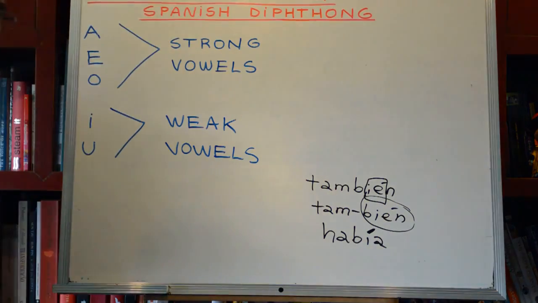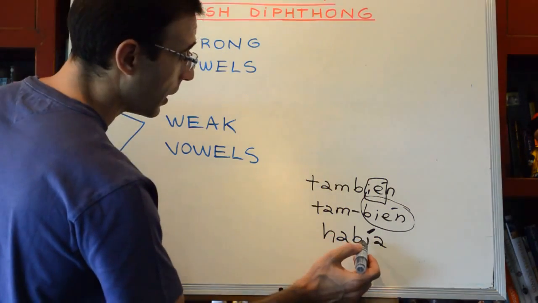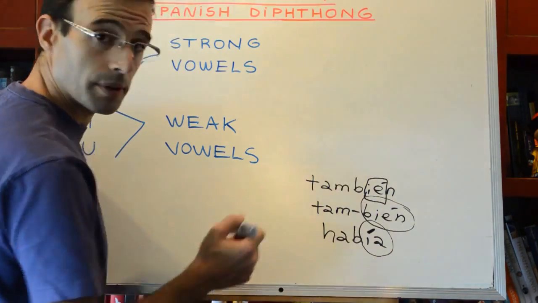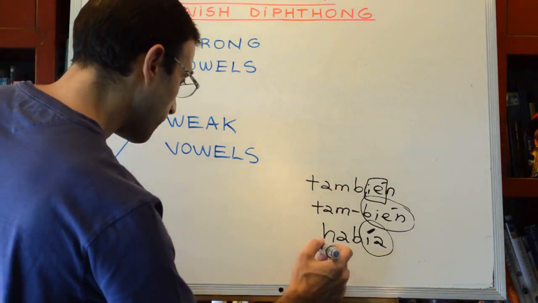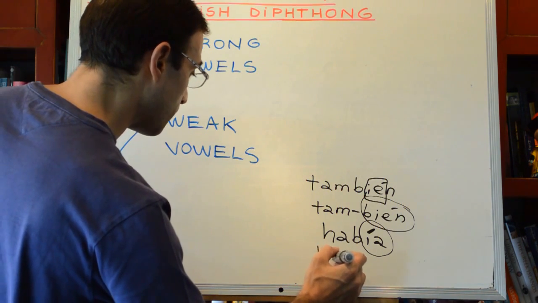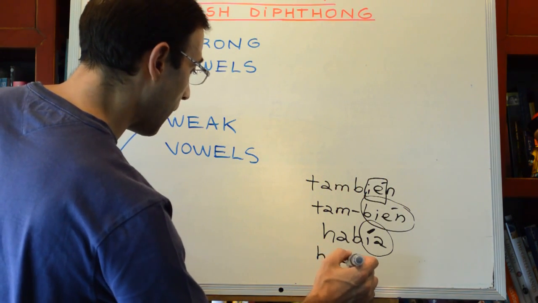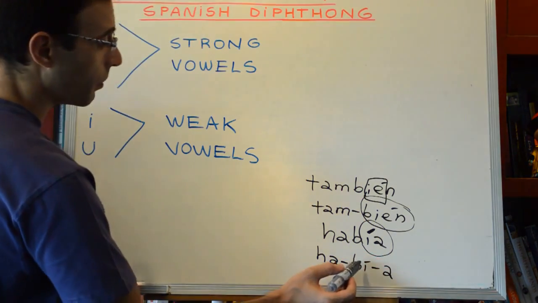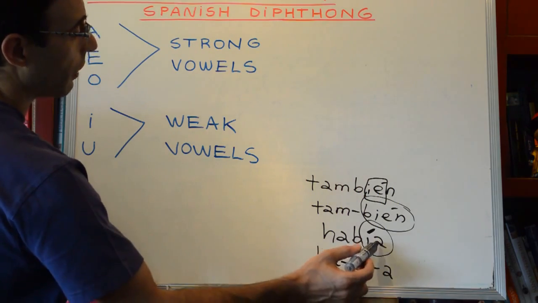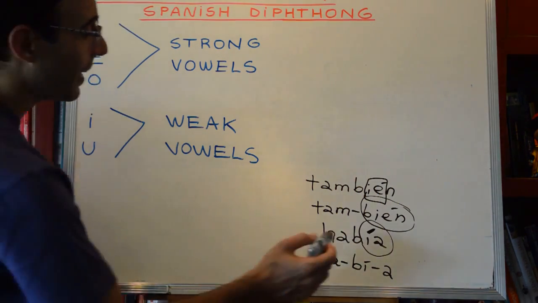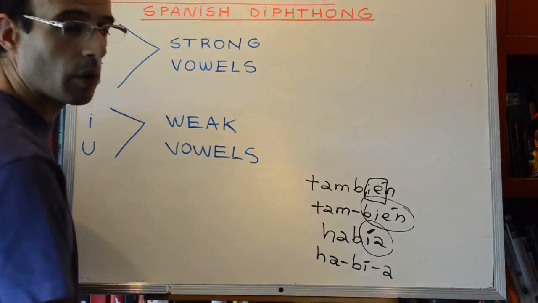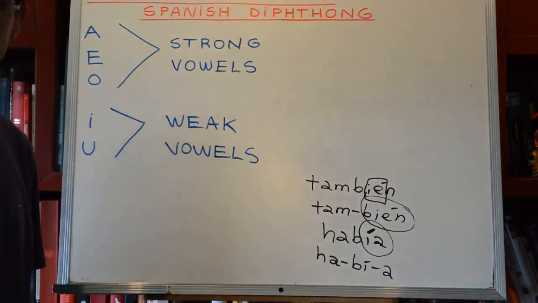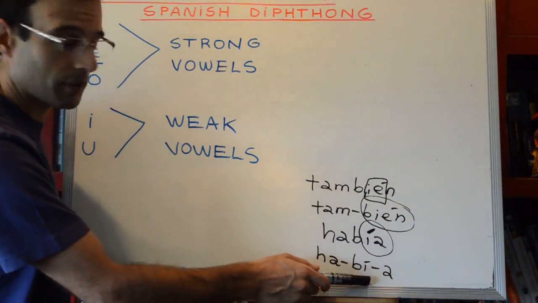Había is a hiatus because although there are 2 vowels together as in the diphthong, when we separate in syllables, it's like this: a, b, a. So these 2 vowels that are together are separated in syllables. They both belong to a different syllable. So this is a hiatus.